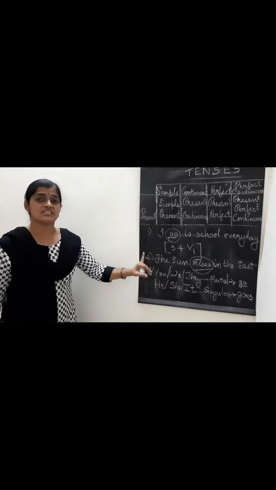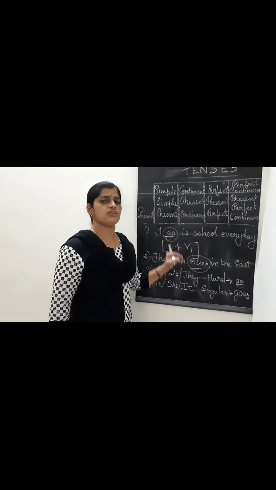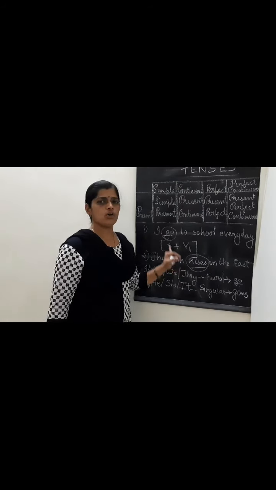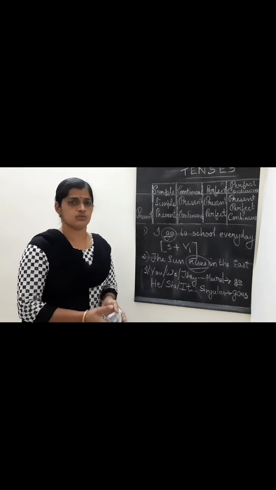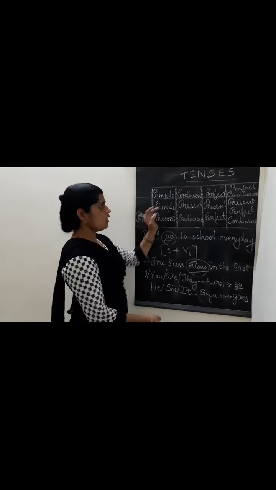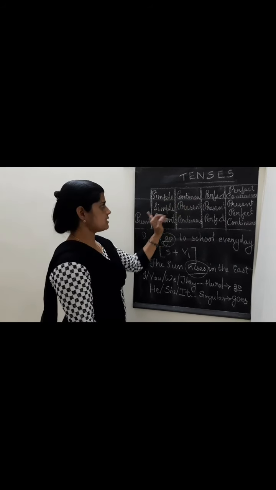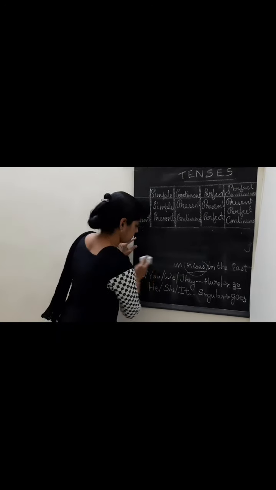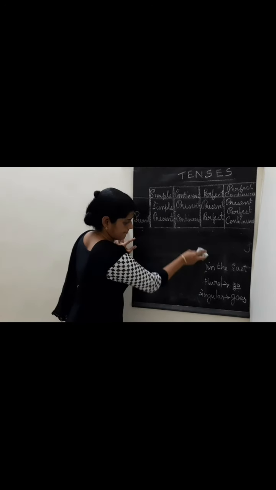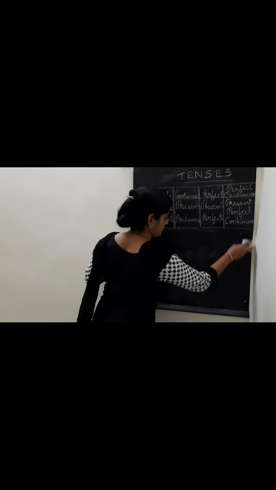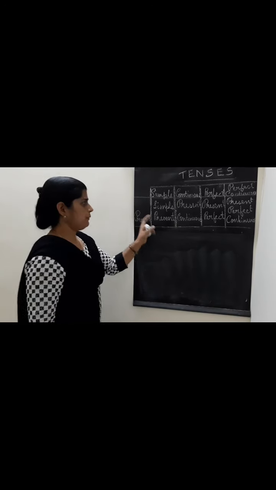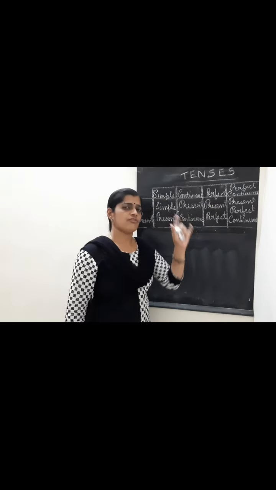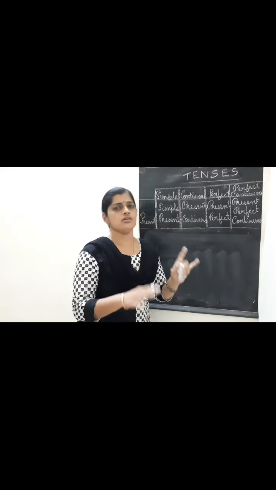So this is about simple present, which is used to refer to a habitual action or to refer to a fact or universal truth. Now we'll move to the next one, that is present continuous. Present continuous is used to refer to an action that is going on at present.